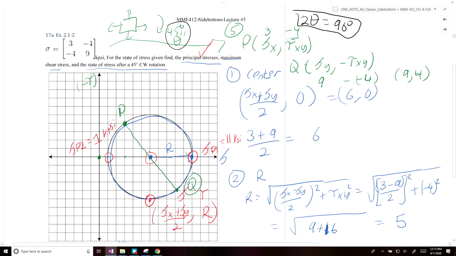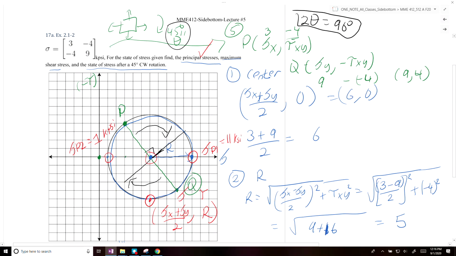All right, so what we can do is rotate this state of stress by 90 degrees on the Mohr circle, and we can redraw it. If we do that, we end up getting our P prime and our Q prime. So we can just draw it, approximate 90 degrees, and redraw it all here.